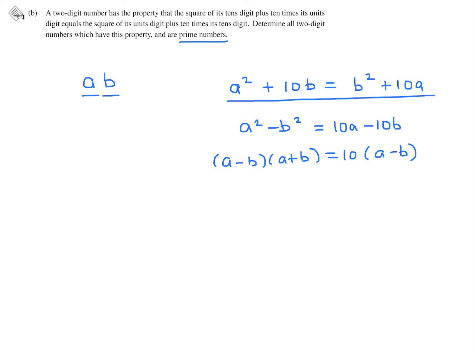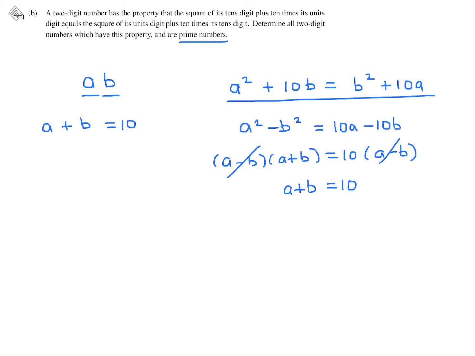I really don't know what else we could do here, but this does help us in some way. The a minus b's cancel, and that just gives us a plus b is equal to 10, correct? So if we can figure out all the possible two-digit numbers where a plus b is equal to 10, that will be a solution.